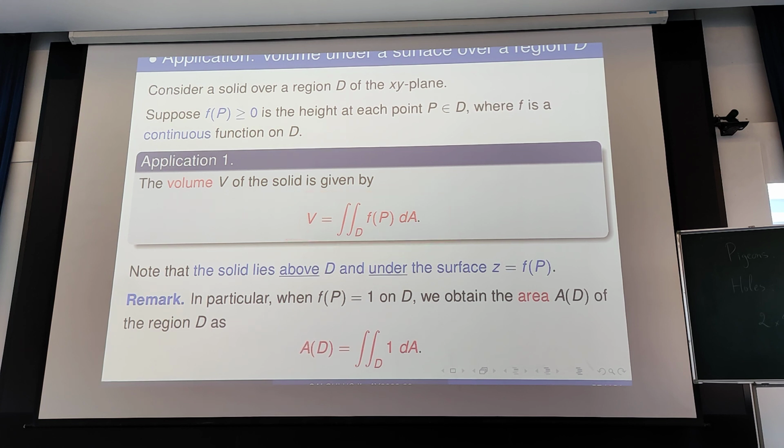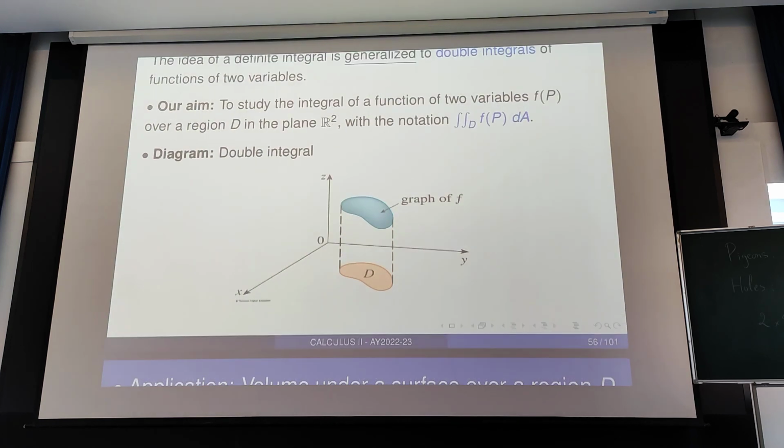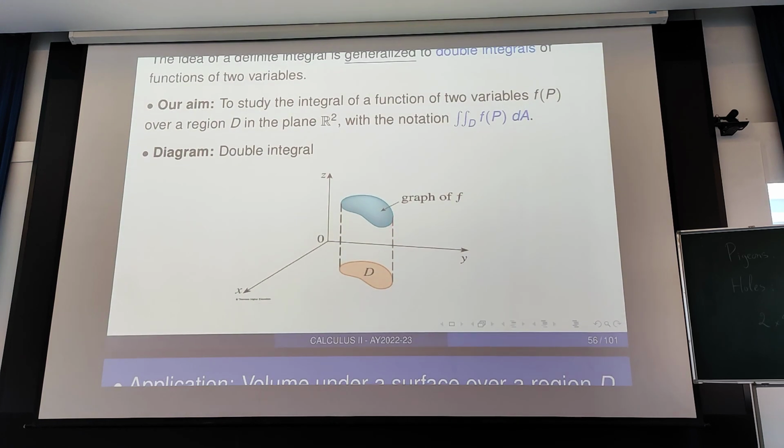You agree? So, a very nice observation. Let's assume that the function takes the value 1. So take a look at this picture. When the function takes the value 1, that means the height is always 1, right? So you have something like a cylinder with the height of 1.